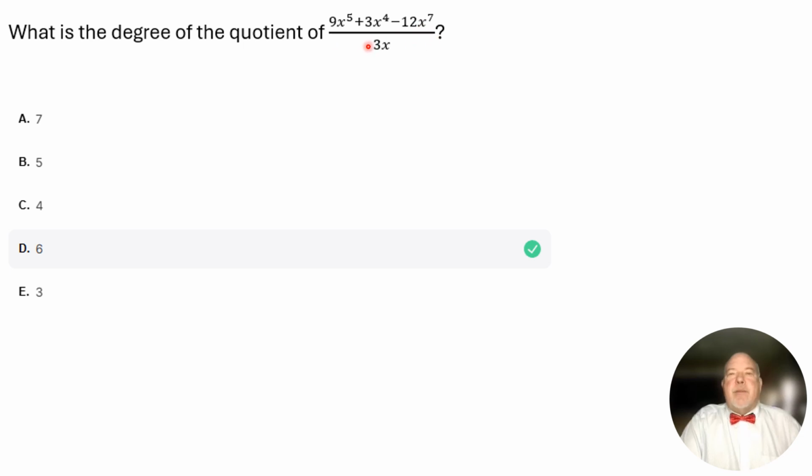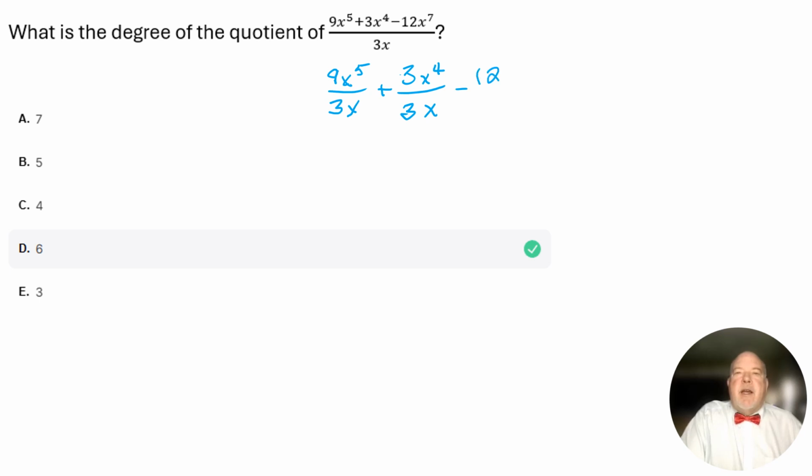So I'm going to break this apart and write it that way just to make sure that you're clear on what we're doing. So I have 9x to the 5th, and that's divided by 3x. So again, all the terms are divided by 3x, plus 3x to the 4th, and that's divided by 3x, and then minus 12x to the 7th divided by 3x.